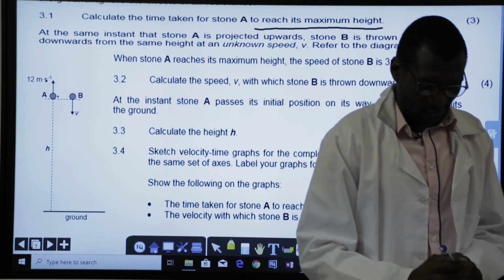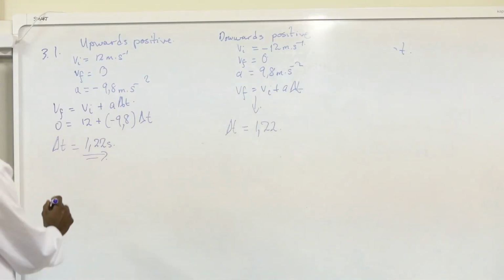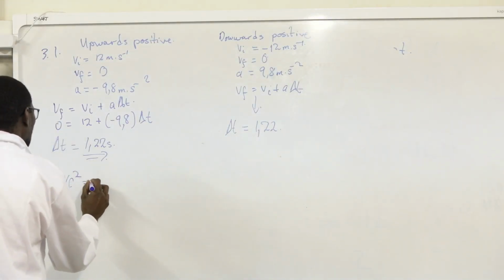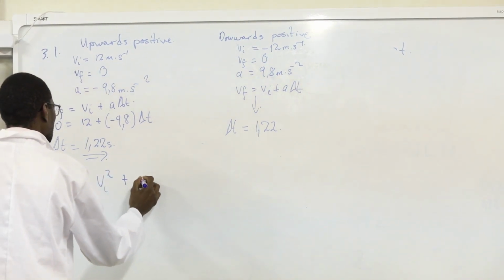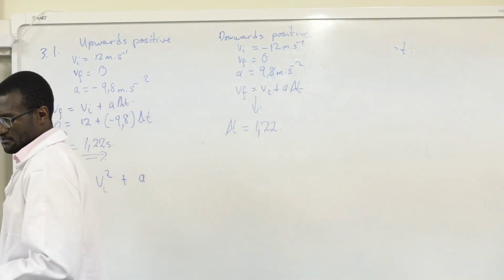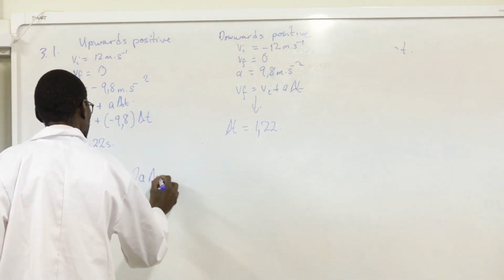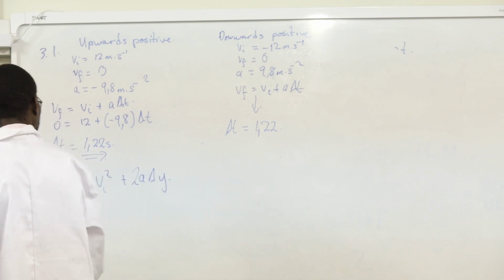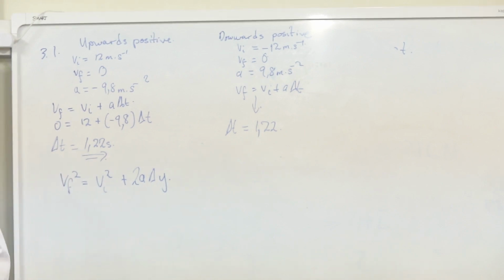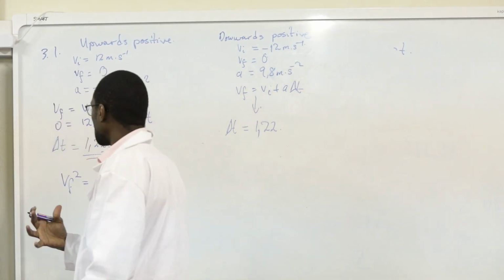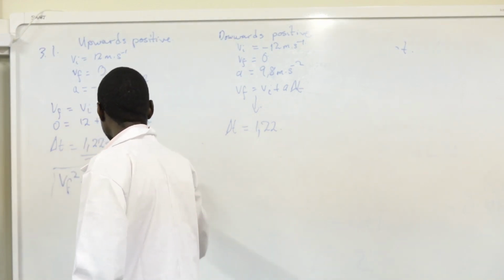There are other ways that you can do it also, longer routes that you can use to find the same answer. For instance, you can consider the equation Vf squared is equal to Vi squared plus acceleration multiplied by 2 multiplied by change in y. In this instance, one thing that one might want to find is the change in y first, then use the change in y to find change in t. That you can also do.